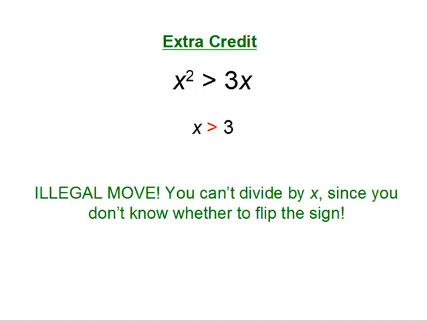That's why it doesn't matter what negative number we plug in for x, they're all going to be solutions to this inequality. So by dividing by x, we lost all of those solutions. Okay, it is true that x could be greater than 3, but we've overlooked a broad array of other valid solutions. So long story short, just don't do that. Don't divide by a variable.